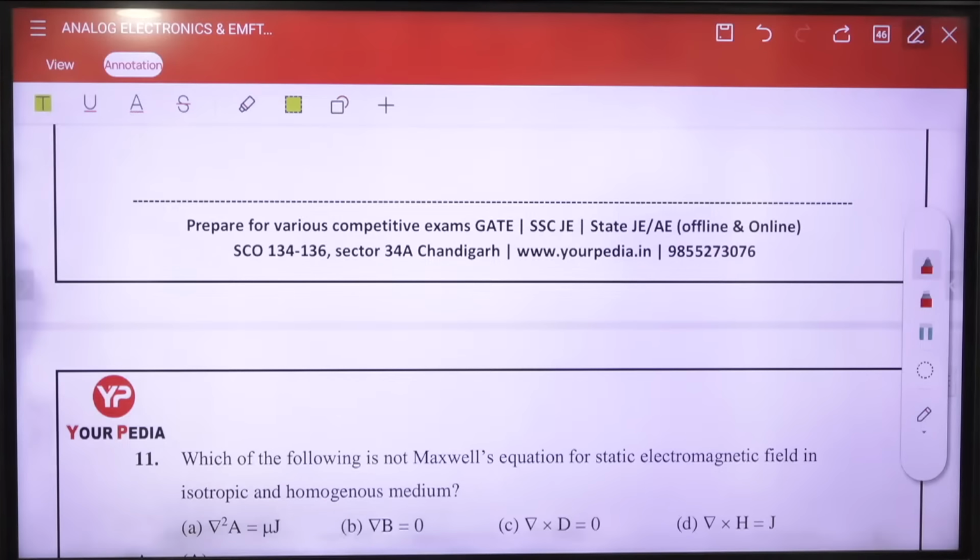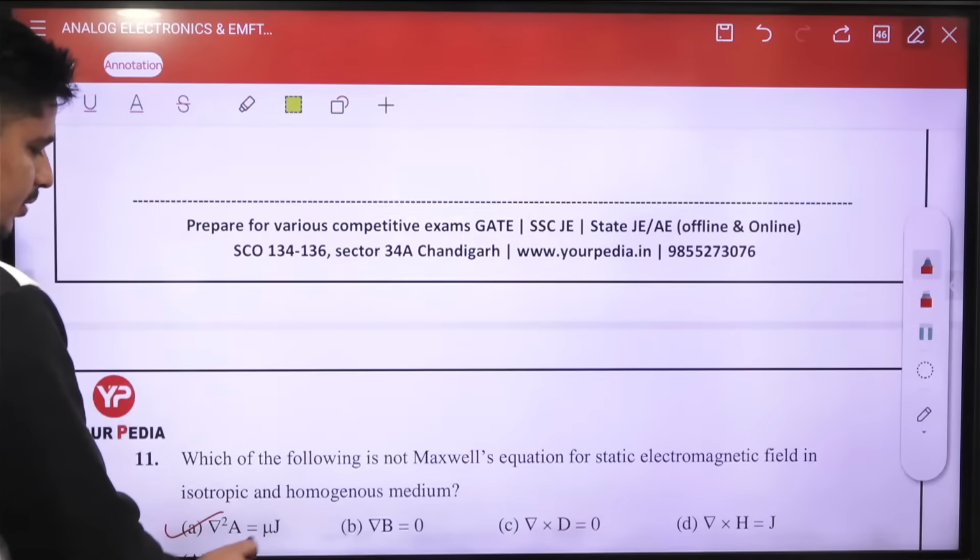Which of the following is not a Maxwell equation for static electromagnetic field in isotropic and homogeneous medium? Isotropic and homogeneous medium. These all are correct.